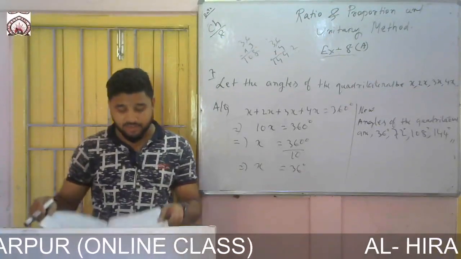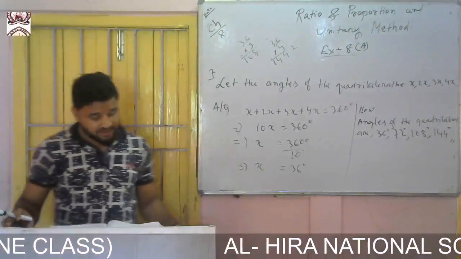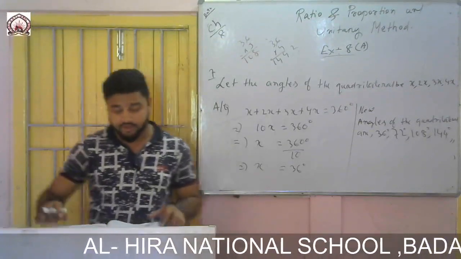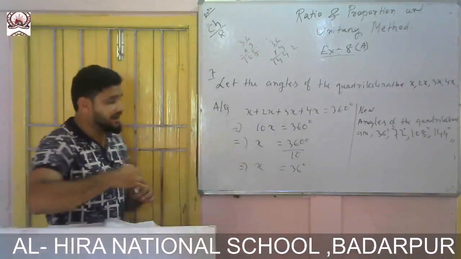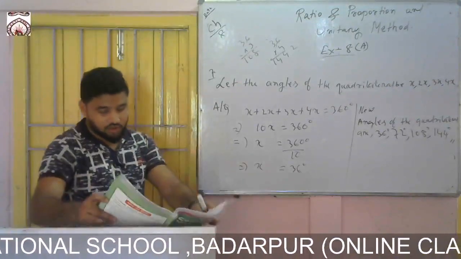So question number 8, what is there? If A is to B equals to 5 is to 7 and B is to C equals to 14 is to 15, find A is to B is to C. So very easy. So write.